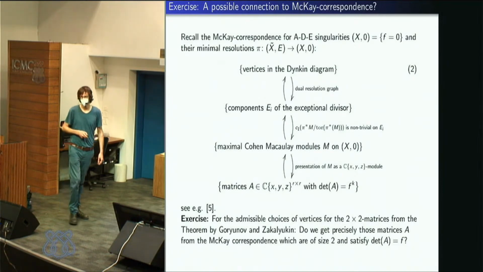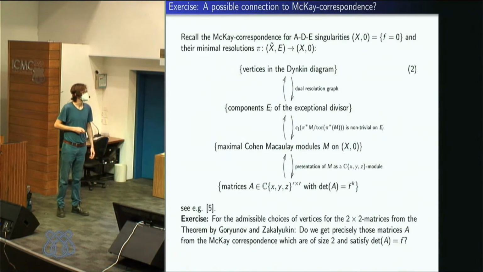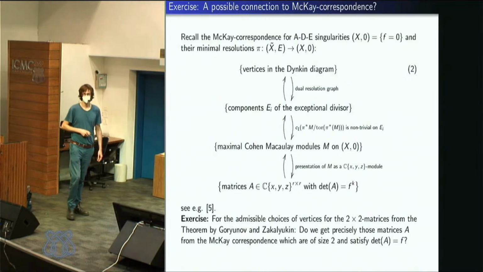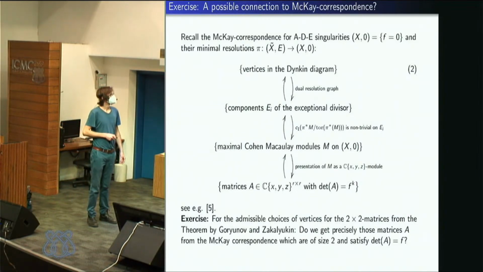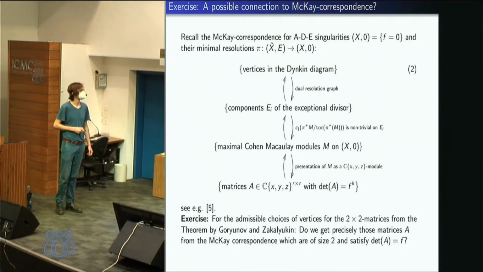I didn't have the time to look it up, but maybe we should look this up and see what's happening there. Right, so I expect that this should be more or less the cases where k is equal to 1, so that A is equal to F, and yeah, let's check this. Also for the D_k singularities and so on.